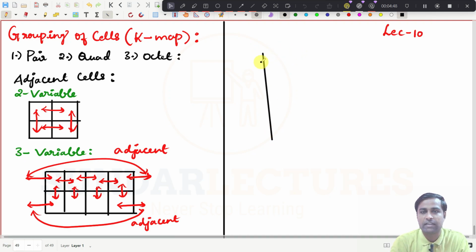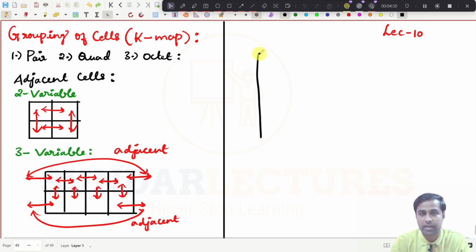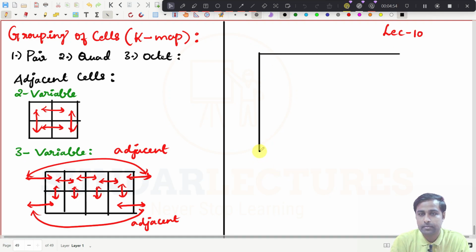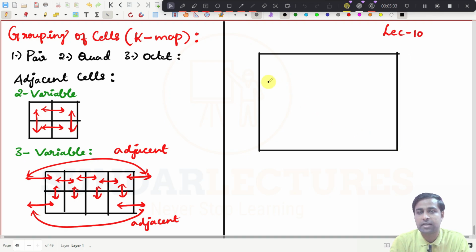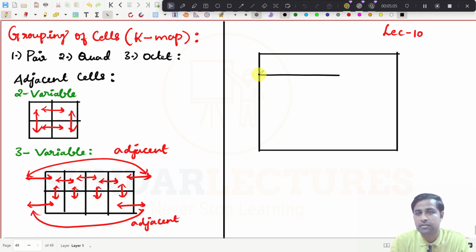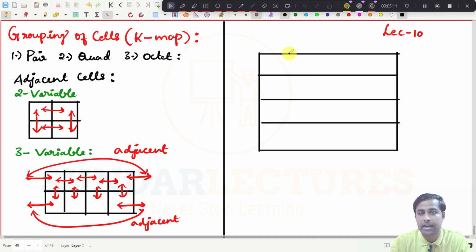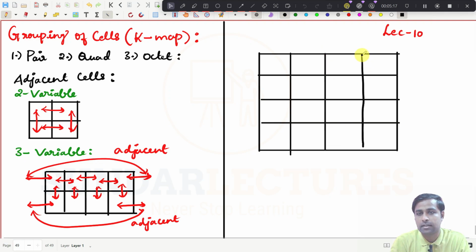If I take 4 variable K-map, to understand, how many combinations are there? 16 combinations will come, right?